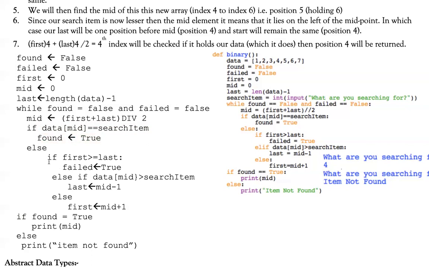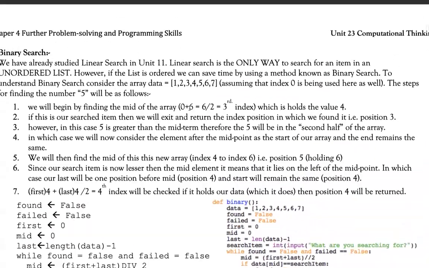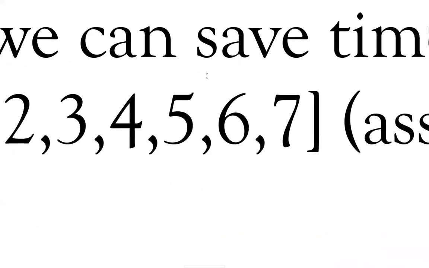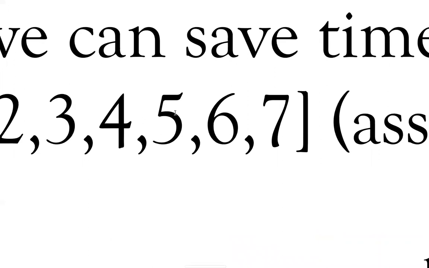Now, this is what's happening here. In the else statement, I am basically making a sub array of my entire array. That depends on whether the desired element I'm looking for is greater than my midpoint or lesser than my midpoint. Now check this out. If my first element is greater than or equal to last, remember what I said here, that if, let's say, I was looking for an element that for some reason is smaller than 5, and 5 was the last element, this is the last element that I can look at.